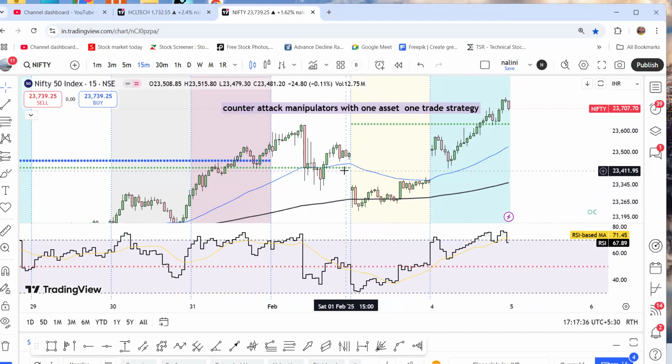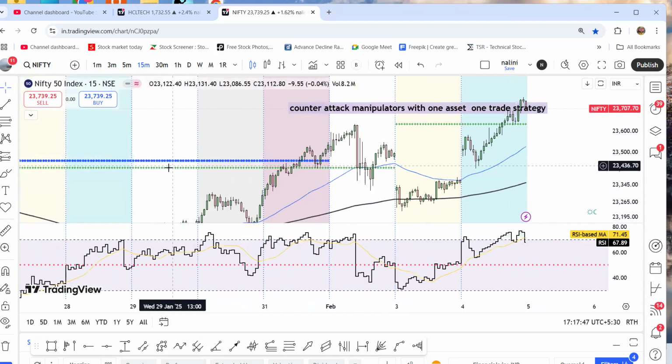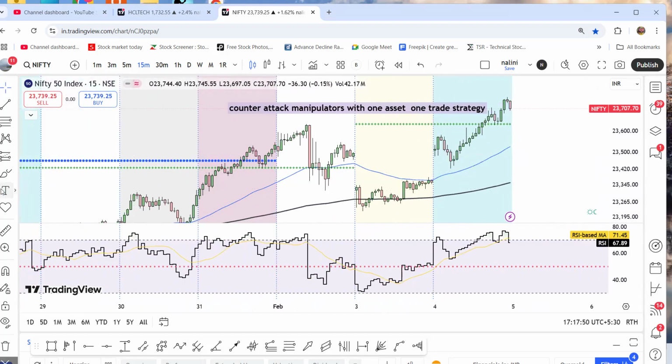So you can see the market went past the previous monthly low and the previous week high, let me write it down.